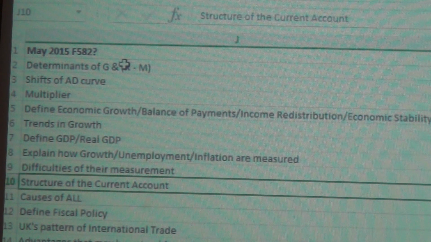Okay, so I hope that's a little bit clearer and you can actually see that. I'll try and make sure that you can actually read what's on this particular sheet.